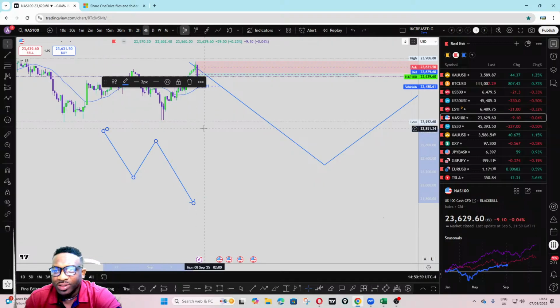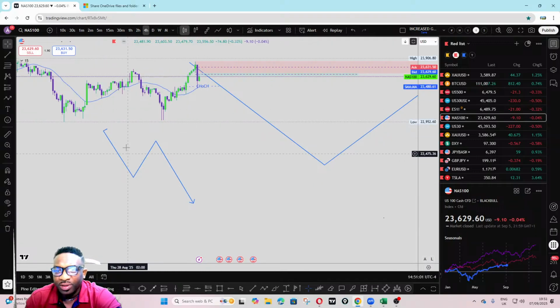So not just taking the trade from here. We expect price to break a structure, and once it gives us a retest to the origin, that is where we anticipate to take a trade, and our stop loss goes above the zone that we've marked.